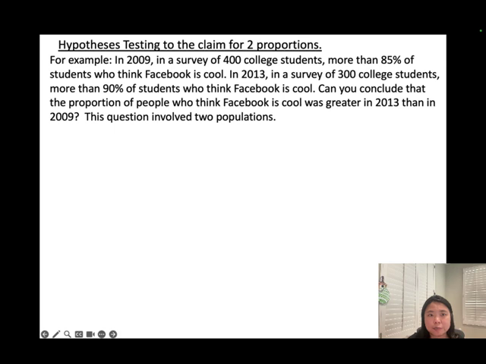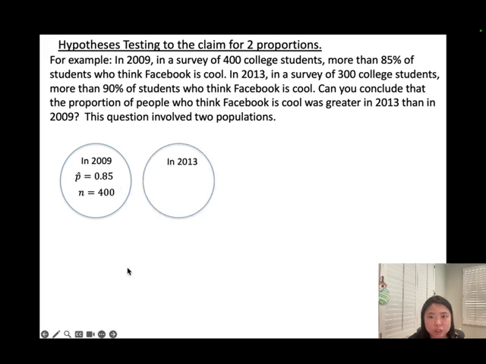Let's look at this example, testing a claim for two populations. In 2009, in a survey of 400 college students, 85% of students thought Facebook is cool. So in 2009, the sample size is 400 students, and the p-hat, the sample proportion, is 85%.